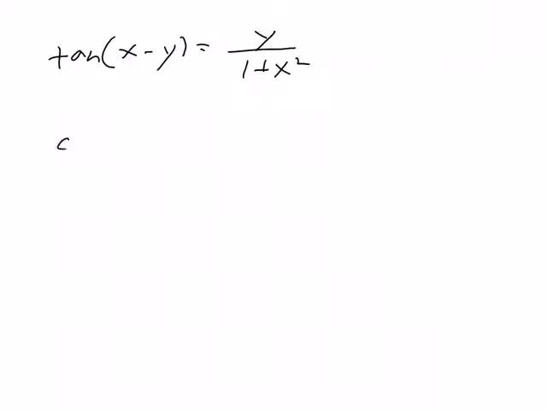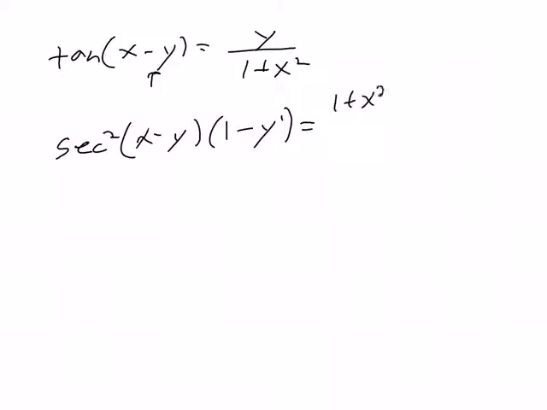So this is going to be secant squared of x minus y times the derivative of the thing inside, which is 1 minus y prime, is going to be equal to 1 plus x squared times y prime minus y times 2x over 1 plus x squared.